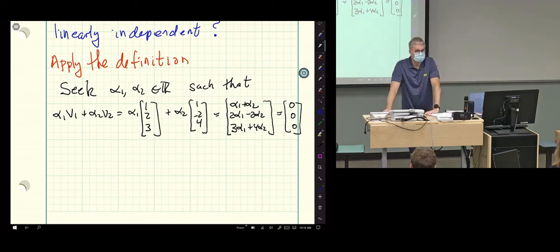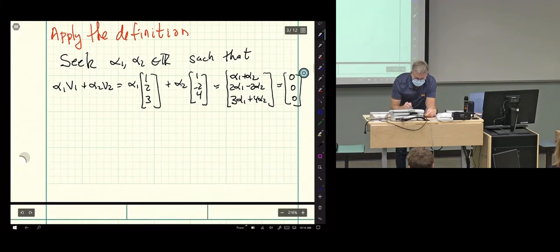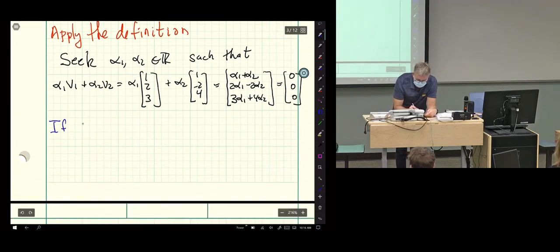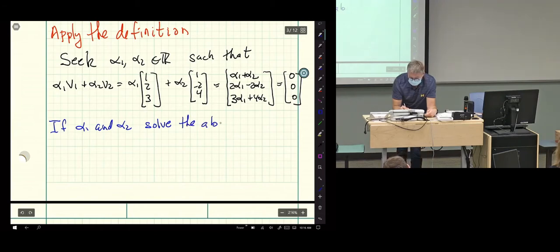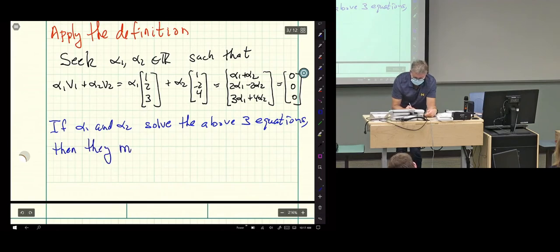So how do we go about solving that set of equations? It's not square. Well, here's one way to do it. We note that if alpha 1 and alpha 2 solve the above 3 equations, then they must also solve the first 2.